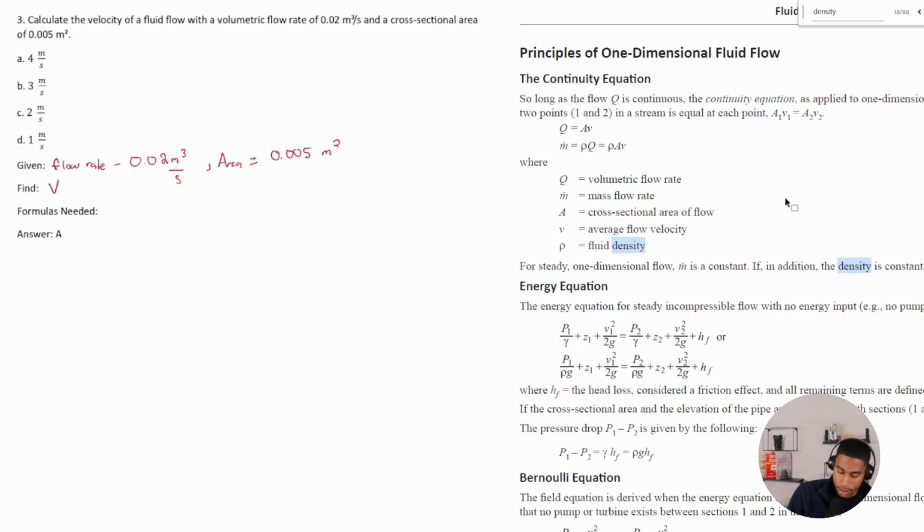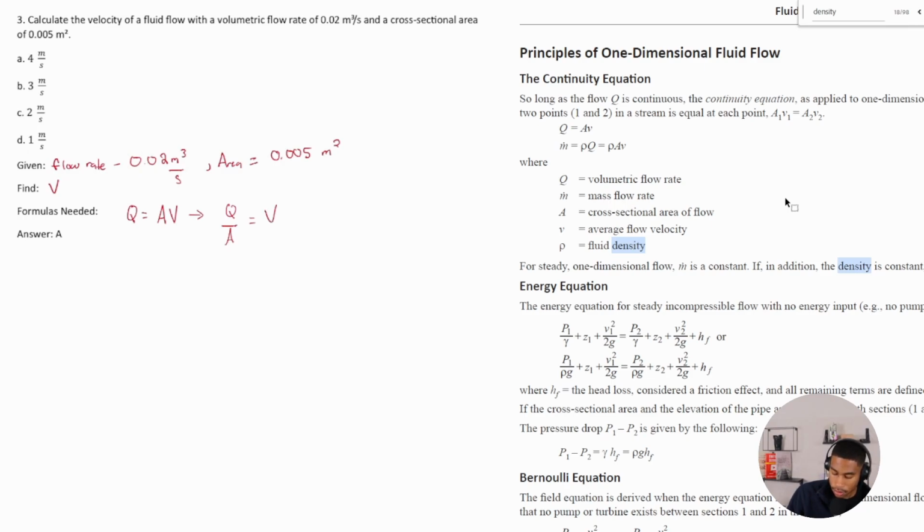So let's go ahead and solve. So Q is equal to A times V. And then this transitions to Q over A is equal to V.